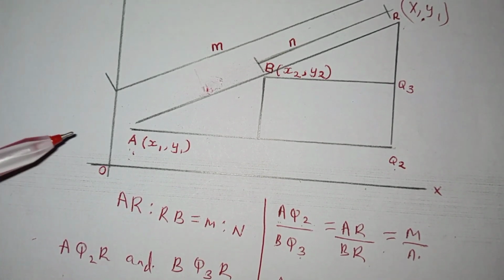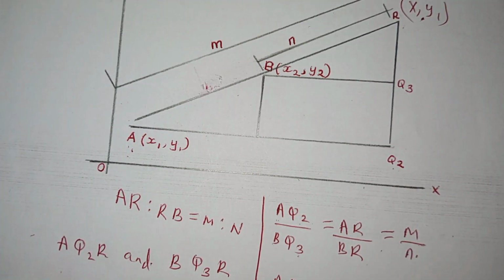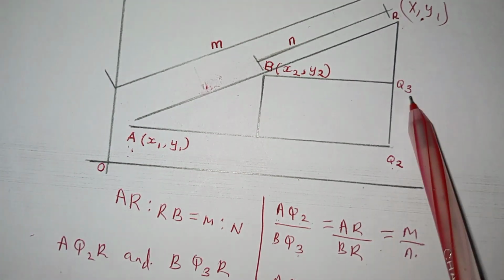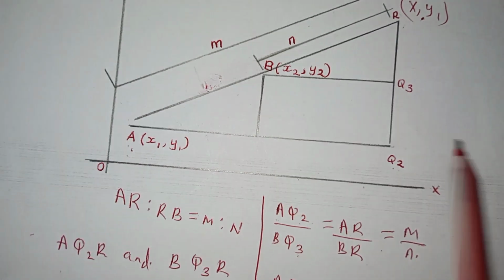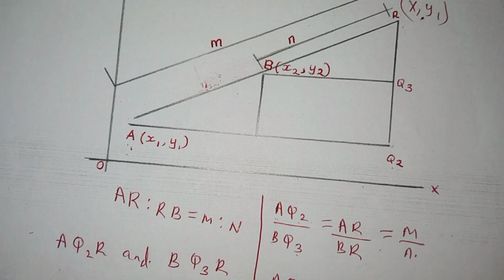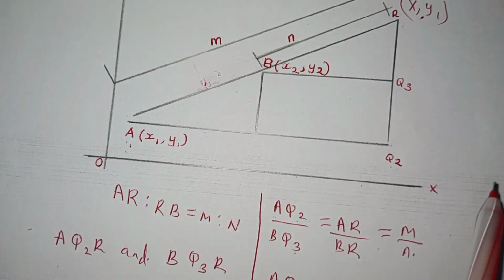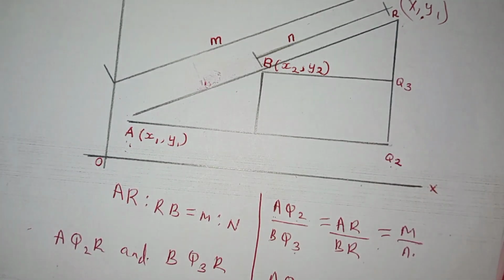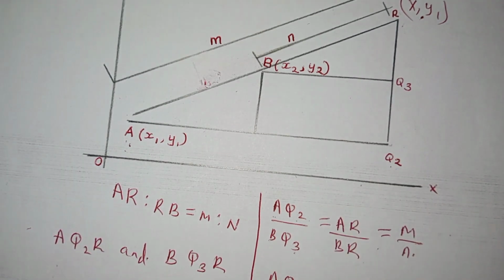Similarly, from the diagram, we are going to consider Q2R and Q3R. Q2R will be given by y minus y1, and Q3R will be given by y minus y2.